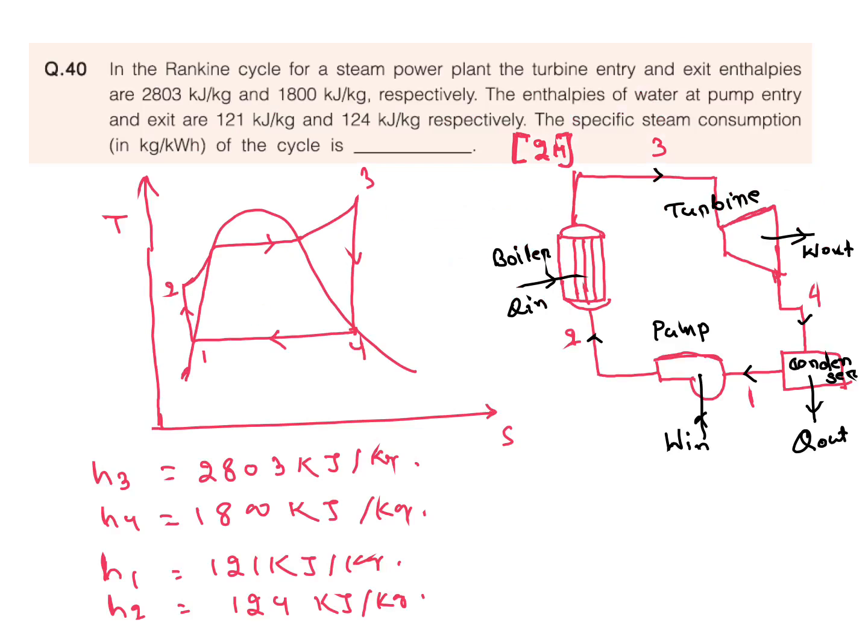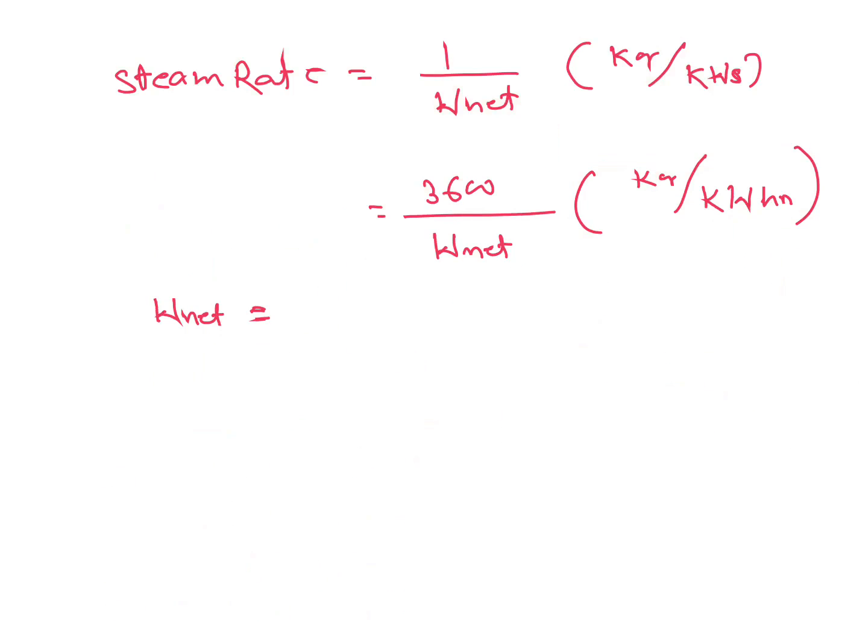Net work done is work out and work in; this difference is net work done. So W net is W turbine minus work done in pump, W pump. W turbine is H3 minus H4, and W pump is H2 minus H1.